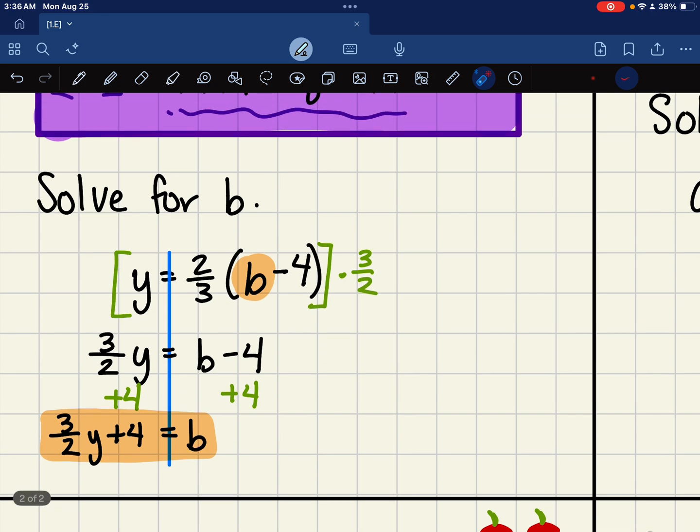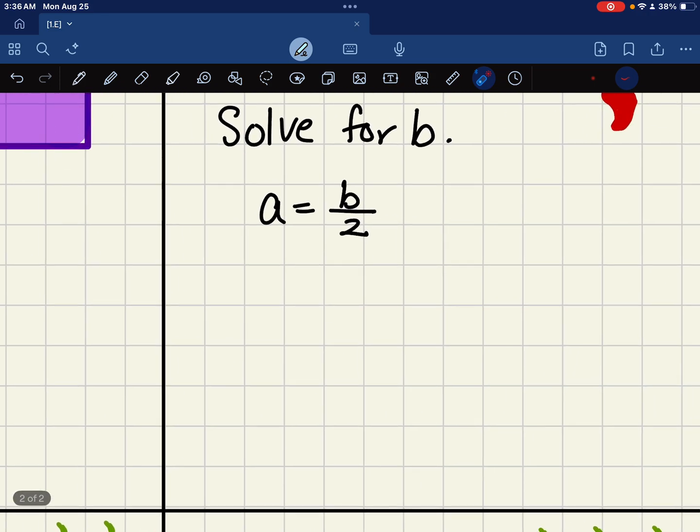Let's do some more examples. It'll make a little more sense. All right, so this one again wants us to solve for b, which is right here in my equation. So I draw my river to help remind me to use my inverse operations. Now this fraction bar that's here is saying that I'm dividing by 2.